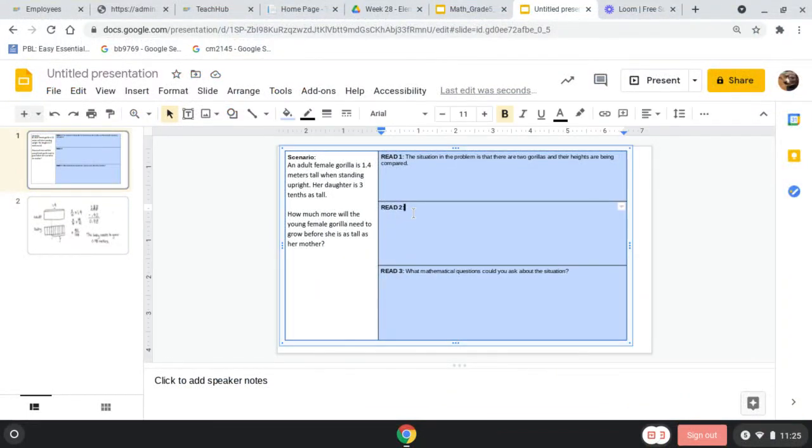Okay, so some of the quantities that stood out in this problem is that the adult gorilla is 1 4/10 meters tall.